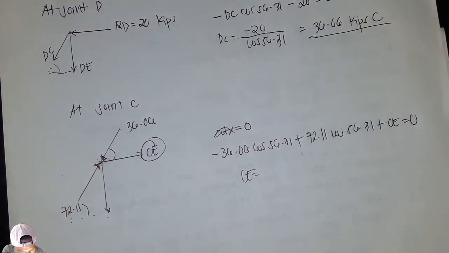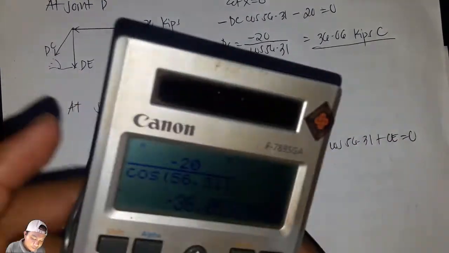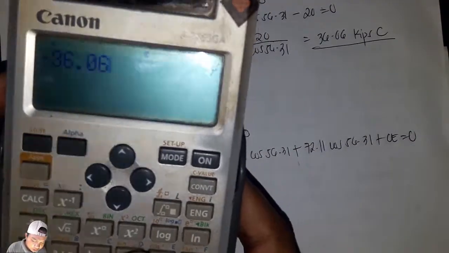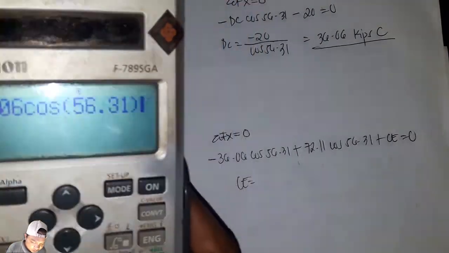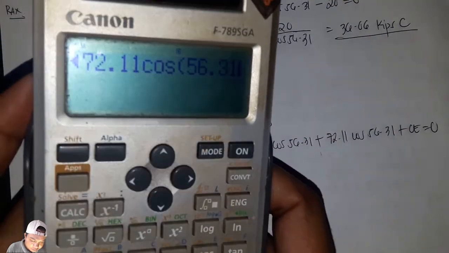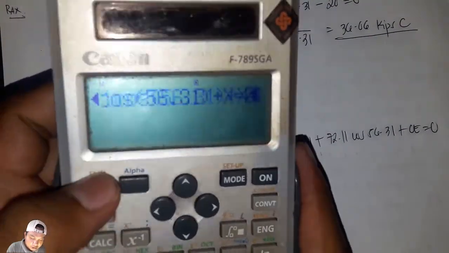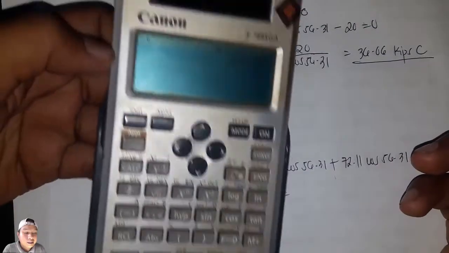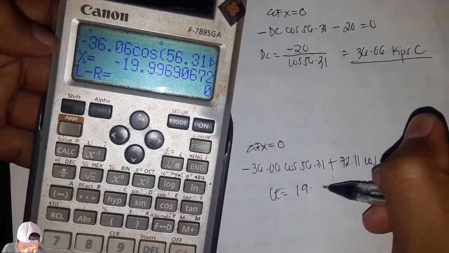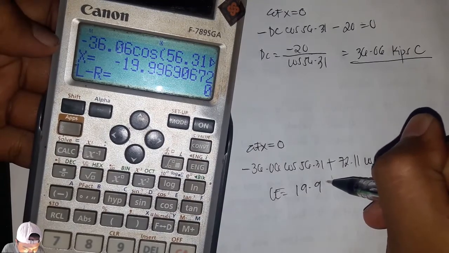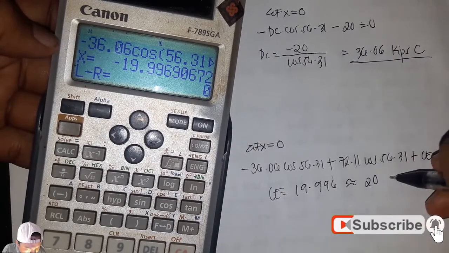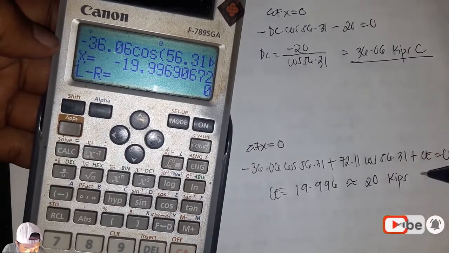So CE is just equal to, let's calculate, negative 36.06 cosine 56.31 plus 72.11 cosine 56.31 plus x equals 0. So CE is compression, 19.996, or we can say 20 kips compression.